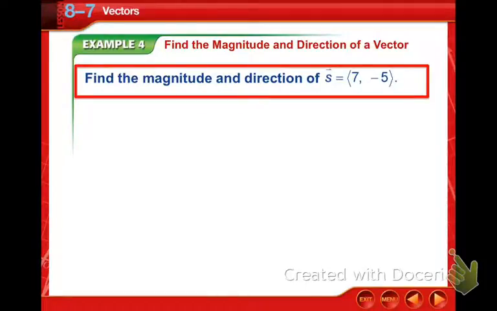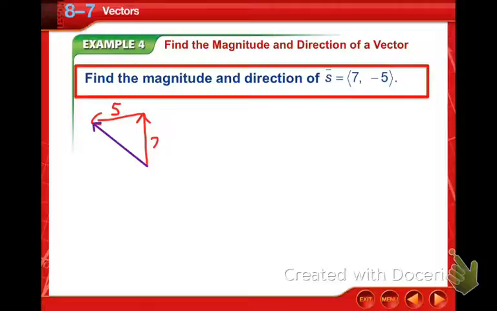We have a vector that we know is (7, -5), right? So we know it's going up 7, and it's negative 5, so it's going to go to the left 5. So now our resultant, or the actual vector we're talking about, is this purple one in between these two, right? See a triangle?